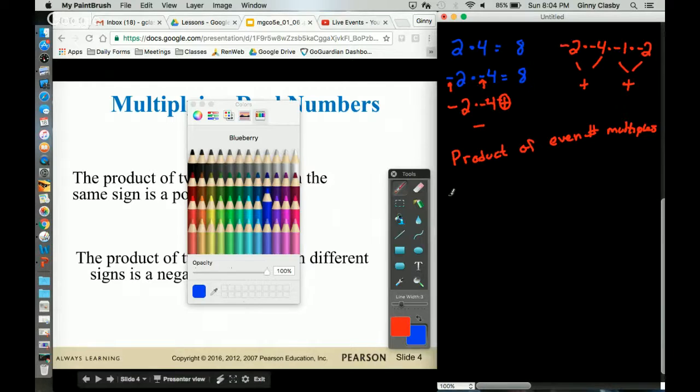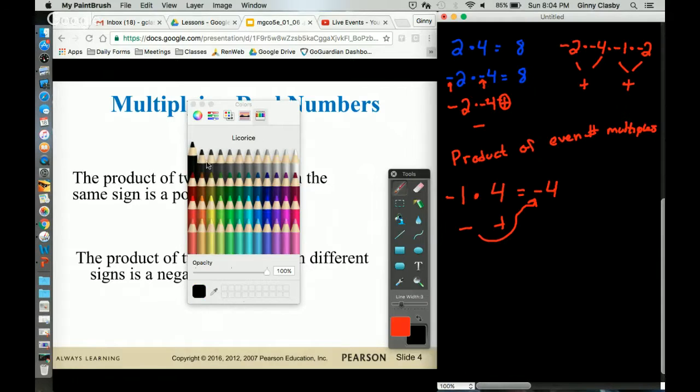So if you have a -1 times a +4, that's going to be a -4. All right, and the same principle as what we used up here actually kind of implies. So you're going to have 1 negative, 1 positive. That's going to turn your answer into a negative solution as well. All right, and that should be very much review for you.